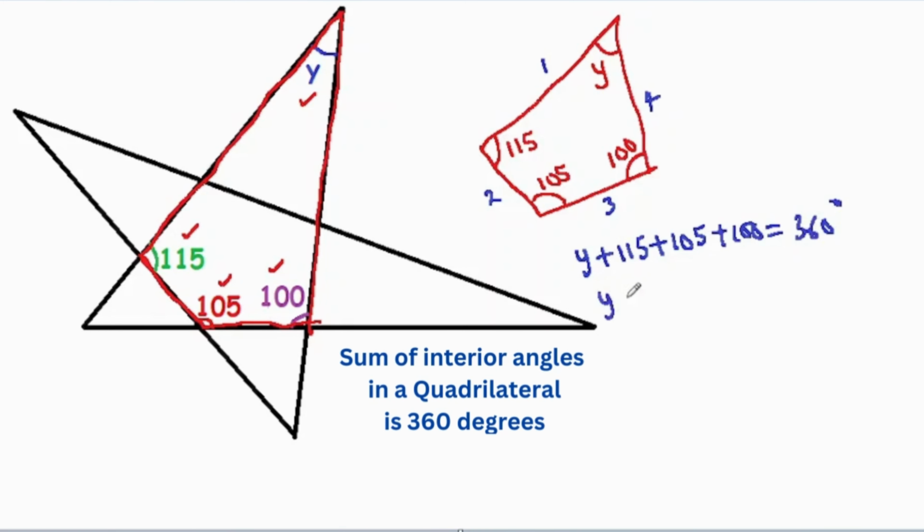When we sum up 115, 105 and 100, that gives us 320 degrees, equals to 360 degrees. So we subtract 320 from 360, and here we have y is equals to 40 degrees.